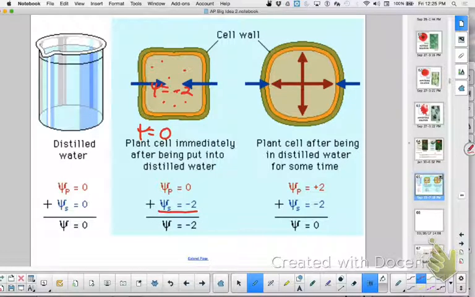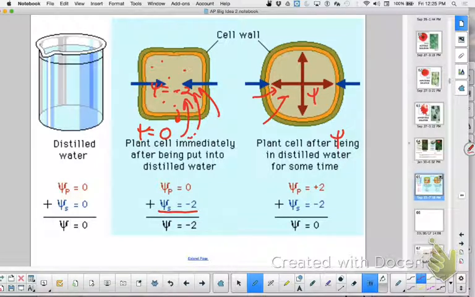So the best water potential you can ever get is 0. And then water will always flow from a higher water potential to a lower water potential. So water is going to flow in, and some water is going to flow out, but more is flowing in than out, and it's going to continue to flow in until the water potential on either side is 0.